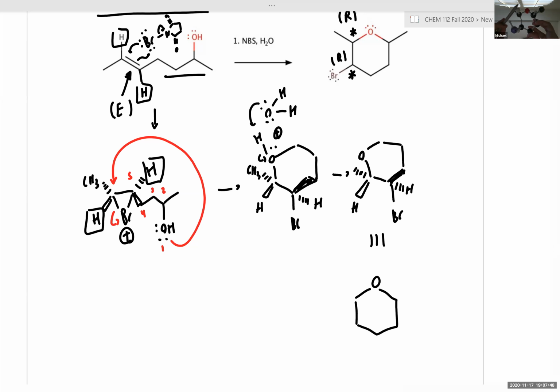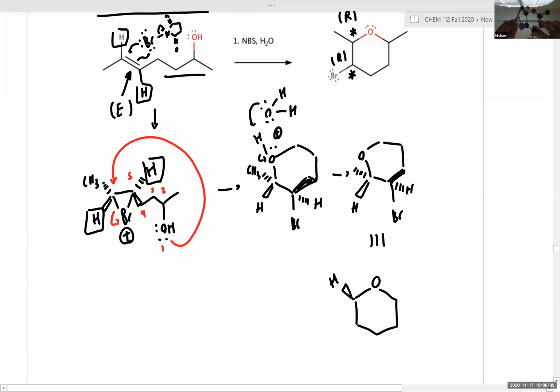Towards or away after rotation? Towards, right? So we have the hydrogen pointing towards us.